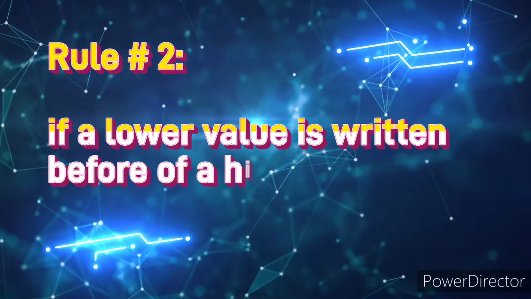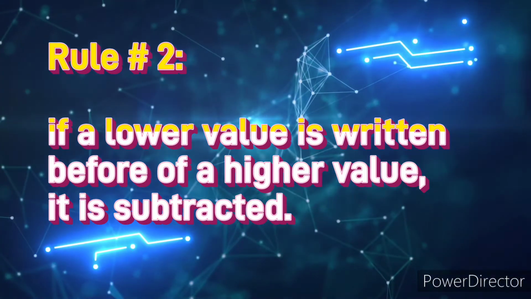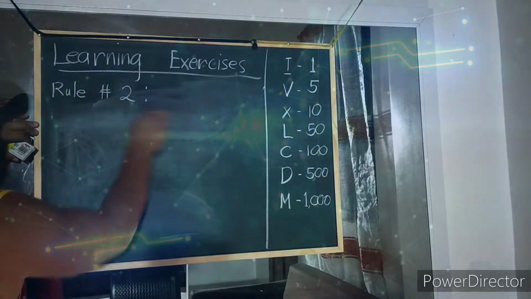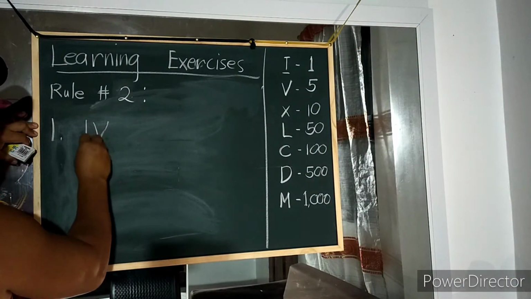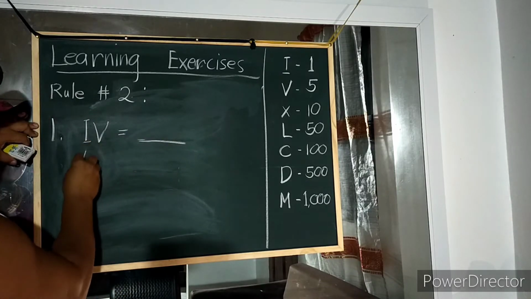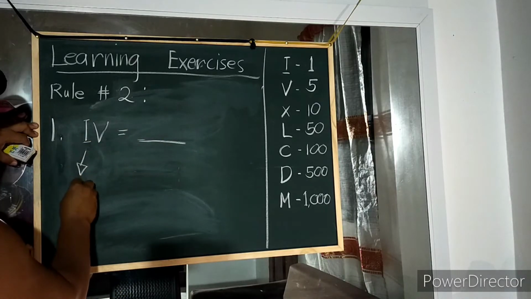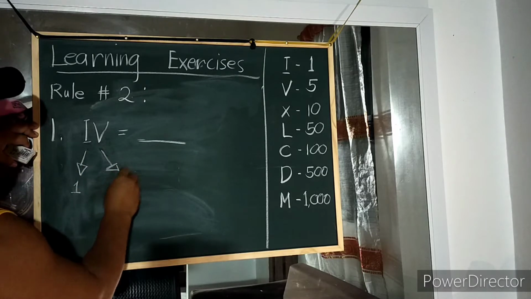Rule number 2. If a lower value is written before a higher value, it is subtracted. We have here example number 1: I, V. I has a value of 1, while V has a value of 5.